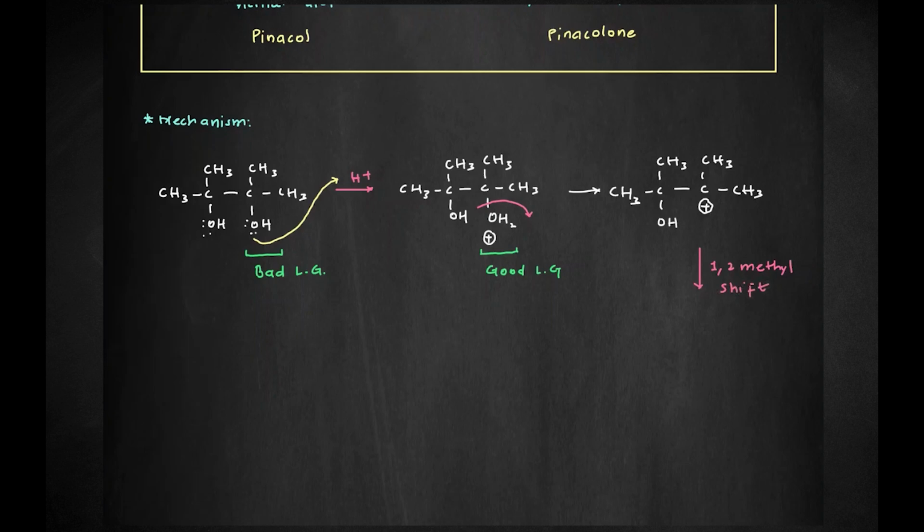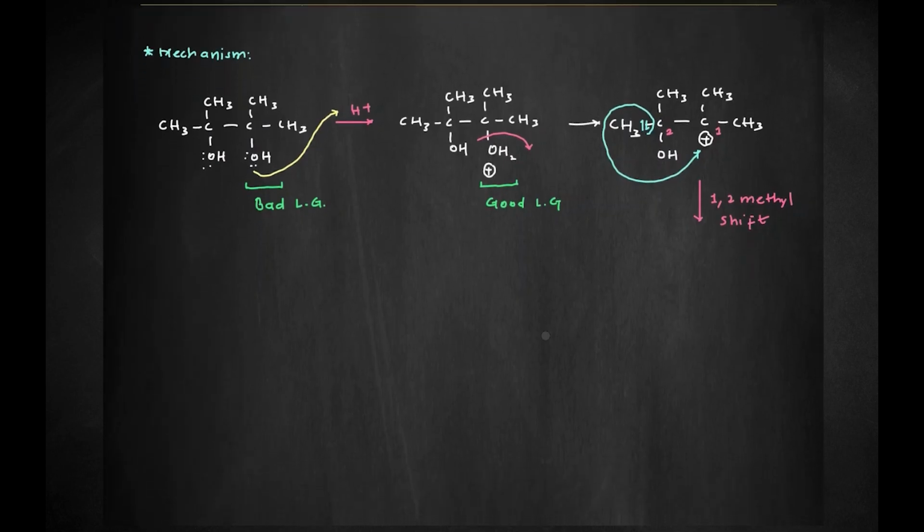Let's see. This is carbon number 1, this is carbon number 2. So this methyl group from this position with its 2 electrons will shift to this particular carbon, that is carbon number 1. And what will happen here? Now the methyl group comes to this position and this carbon will get a positive charge, correct?